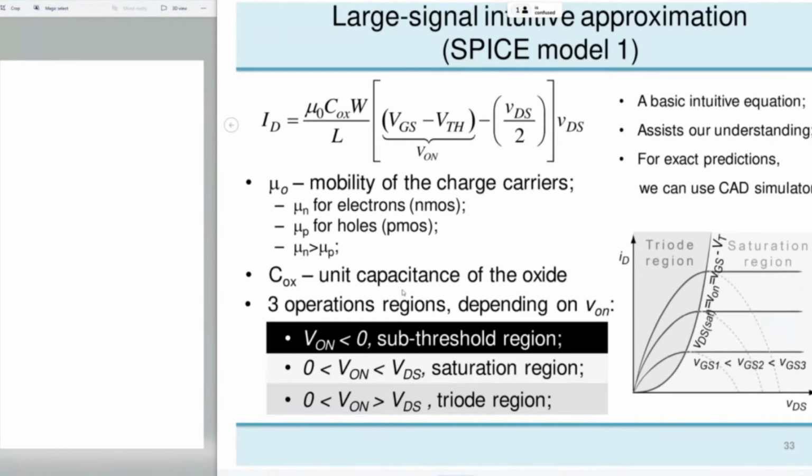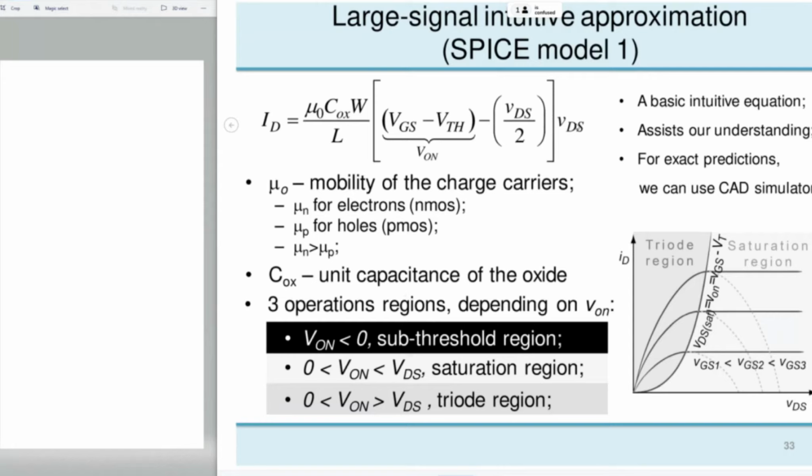Now, we will consider the large signal model, how we can model the behavior of the MOSFET. And what I always recommend to students is to memorize the equation of the current in triode region. And this is the equation of the current in triode region. Why is it very important?